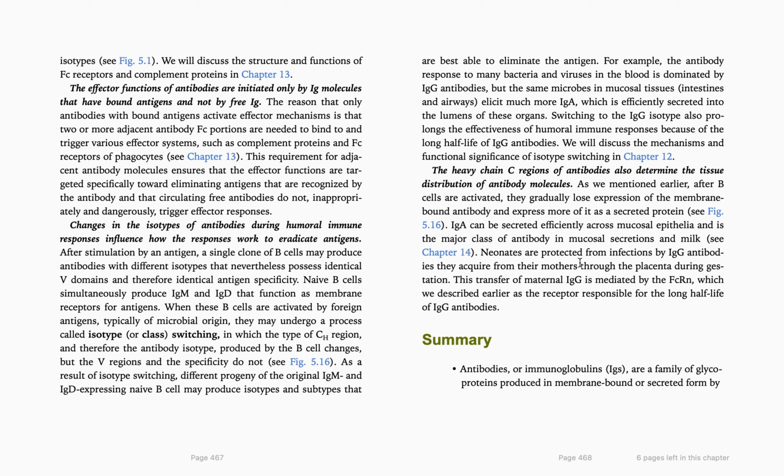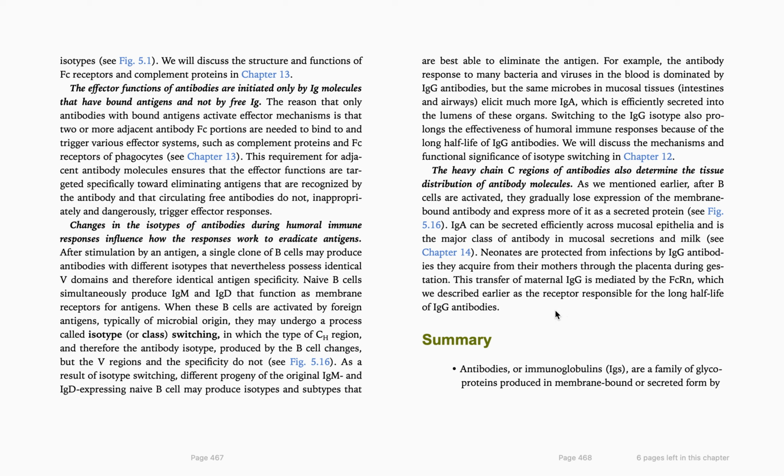Neonates are protected from infection by IgG antibodies that they acquire from their mother through the placenta during gestation. This transfer of maternal IgG is mediated by FcRn, which was described earlier as the receptor responsible for the long half-life of IgG antibodies. Summary.